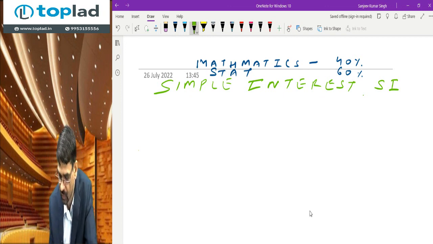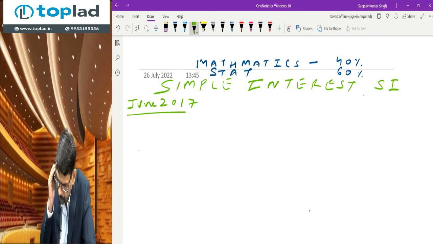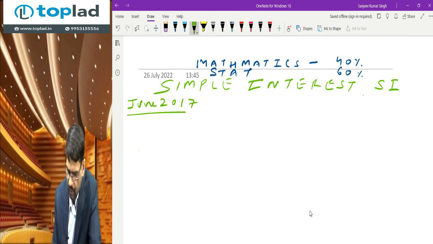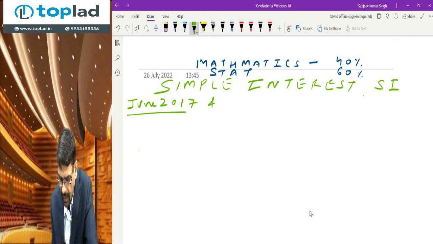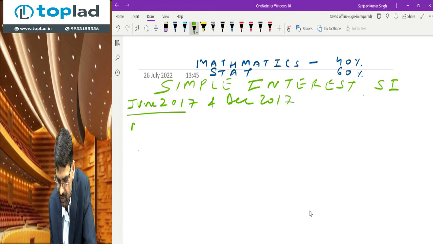So be attentive. June 2017 and December 2017. First we will attempt December 2017.